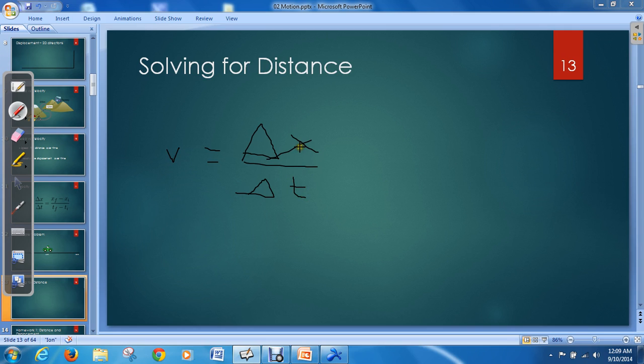If we need to know the position instead of the velocity, and we know the velocity and the time, we can multiply this over here, and we get velocity times change in time equals change in position. So these equations can be manipulated in any way we need to in order to make the most sense. If we have the velocity and the time, we can find the position.